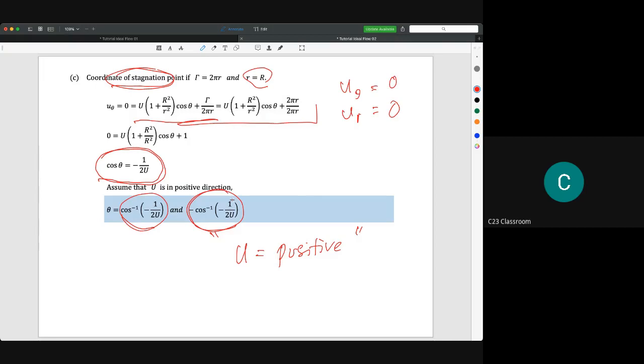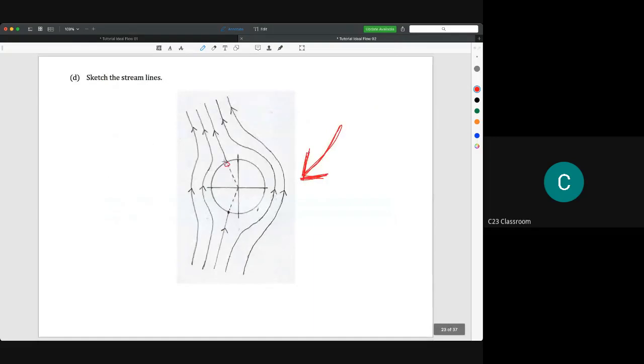If you calculate this, you will find that it occurs at this point and this point. Then I hope you could draw the streamlines. You have a flow like this, and then it goes along the surface, and then it flows out like this, and the next streamline is shown like this.